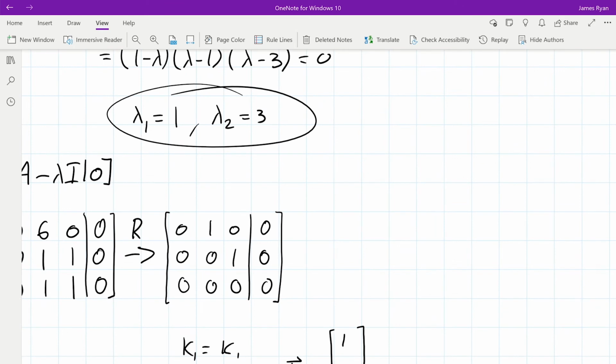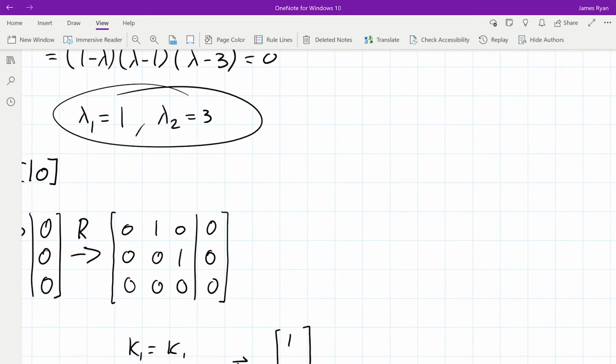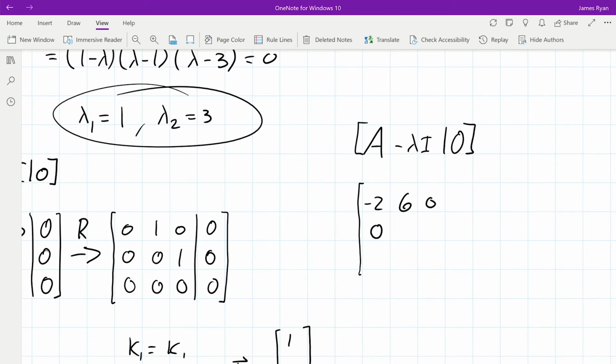So let's find the next eigenvector. Associated with lambda equals 3, A minus lambda I bar 0, and A minus lambda I will be 1 minus 3 is negative 2, 6, 0, 0, 2 minus 3 is negative 1, 1, 0, 1, 2 minus 3 is negative 1, and then bar 0, 0, 0.